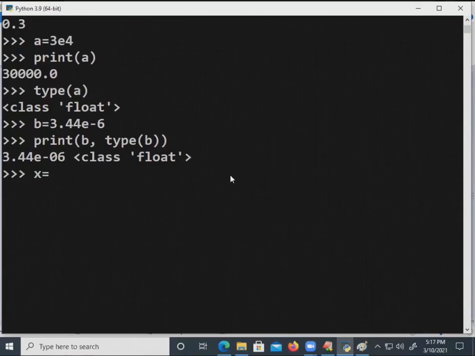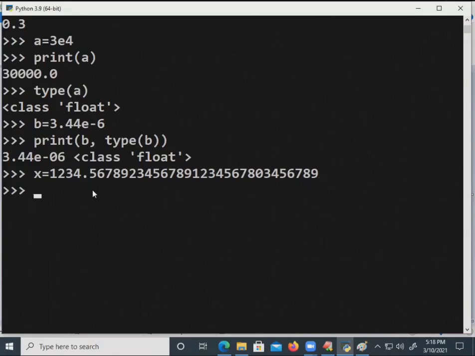See, 1, 2, 3, 4, 5, 6, 7, 8, 9, 1, 2, 3, 4, 5, 6, 7, 8, and so on, like this. Such a bigger number I wrote. Is it taking larger space inside or not? Now enter.